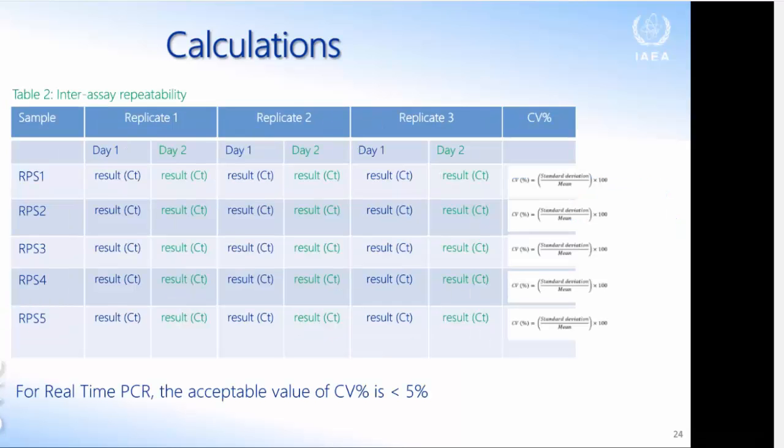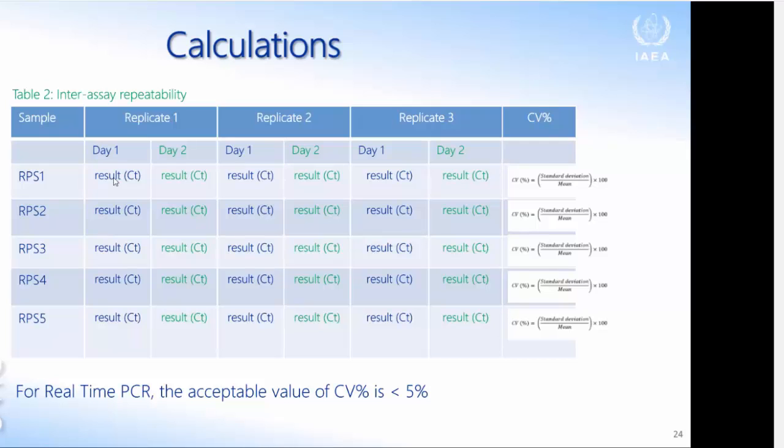For the inter-assay repeatability, we have the same table with the data from different days, results obtained for the same samples on different days. For sample number 1 and also for the other ones, you have the results from the first replicate for day 1 and day 2, then the second replicate for both days, and the third replicate.